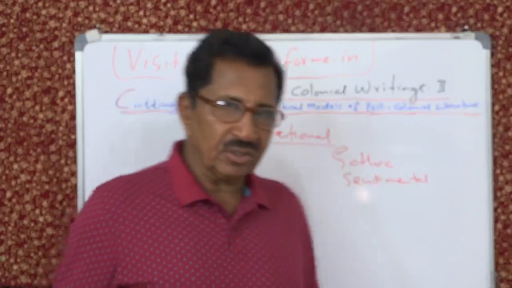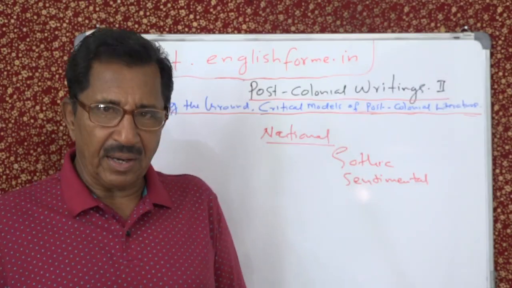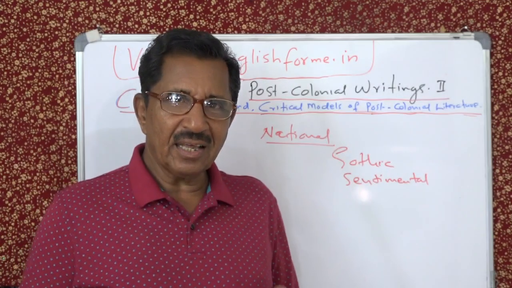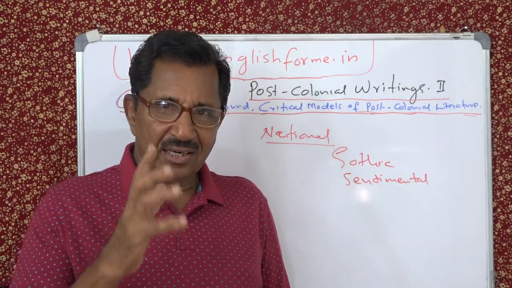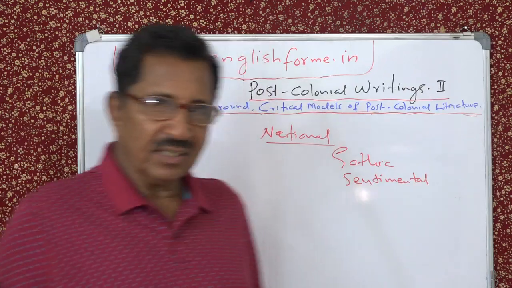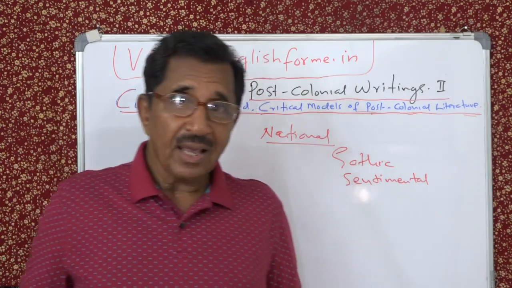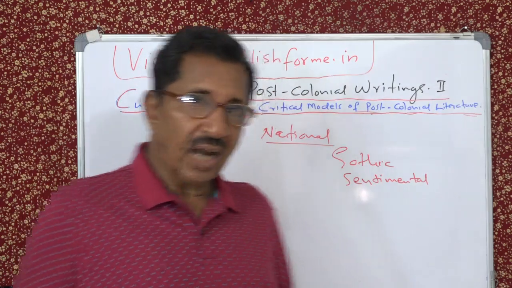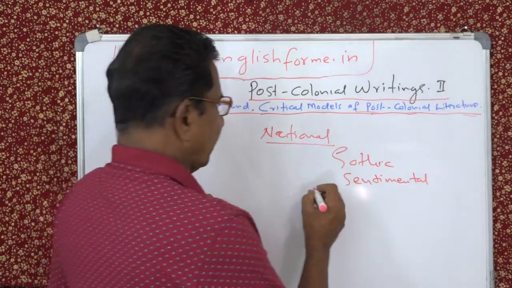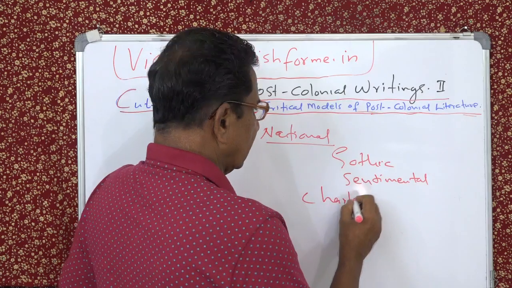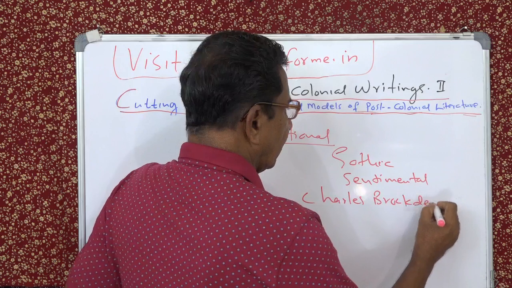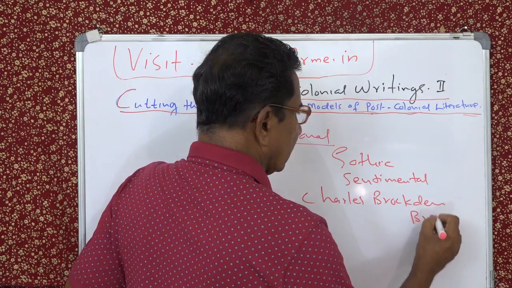So Jane Austen, Pride and Prejudice, Emma. So they tried this, and the person who did some major work in indigenizing important models, that is the British models, was Charles Brockden Brown, that's his name. So he made experiments with this.